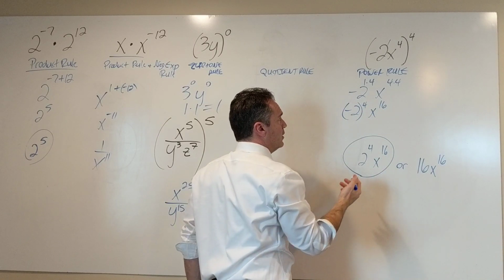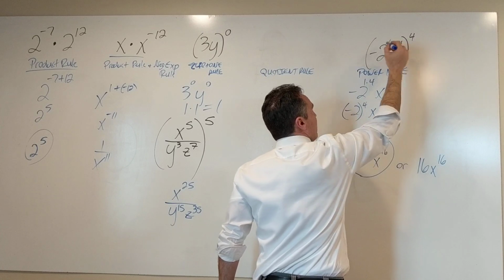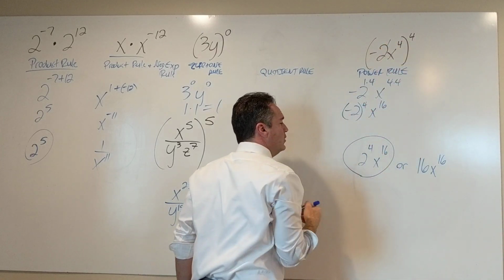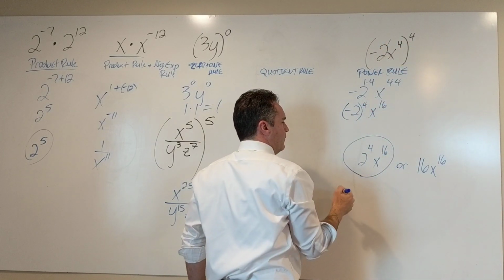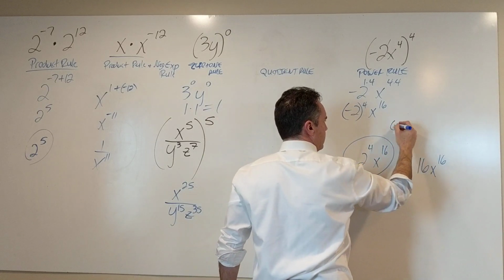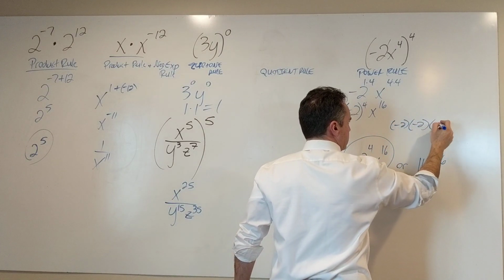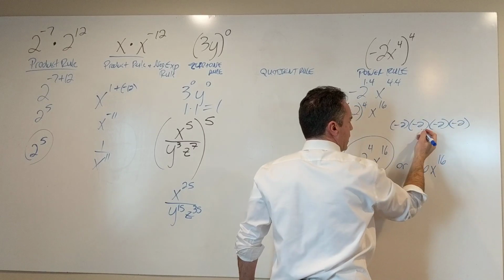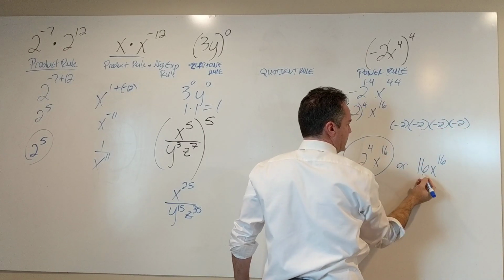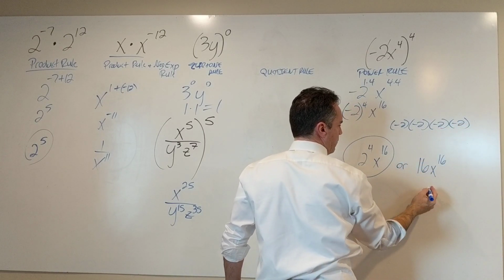That entire negative is being raised to the 4th power because everything in this parentheses receives the power, including the negative. And that's negative 2 times negative 2 times negative 2 times negative 2. 2 times 2 is 4 times 2 is 8 times 2 is 16. All the negatives cancel out to make it positive.